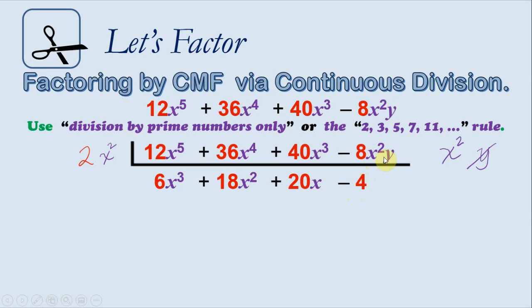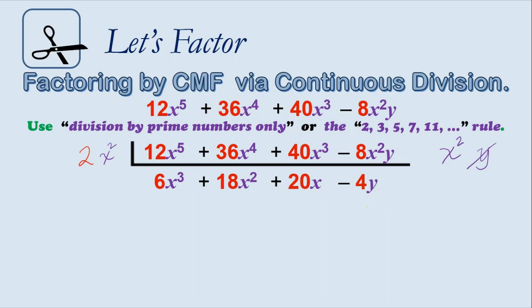Dividing x squared y by x squared cancels x squared from x squared y, leaving us with no x value, or x raised to 0, and the variable y. It's like subtracting the exponents 2 minus 2 to give us 0. We can simply rewrite the variables as y.